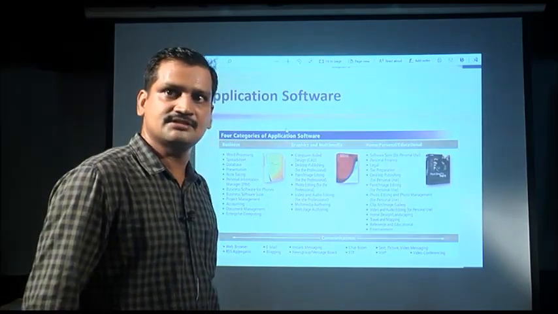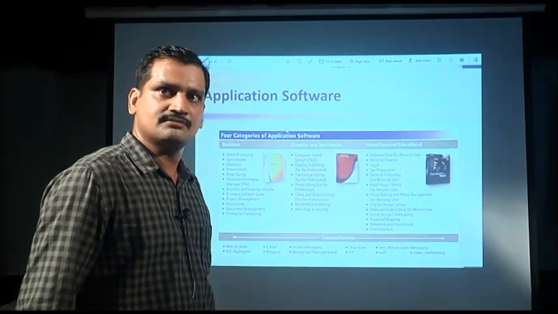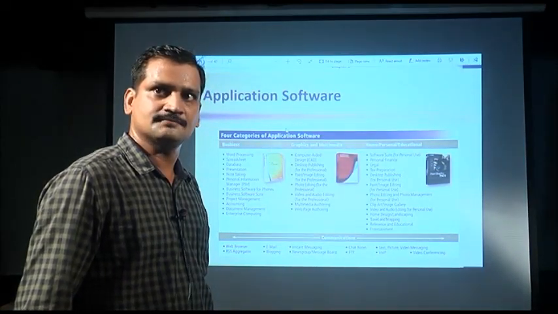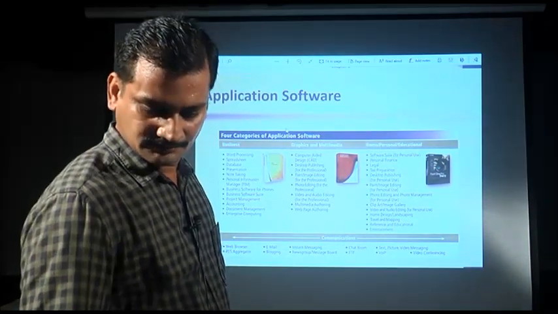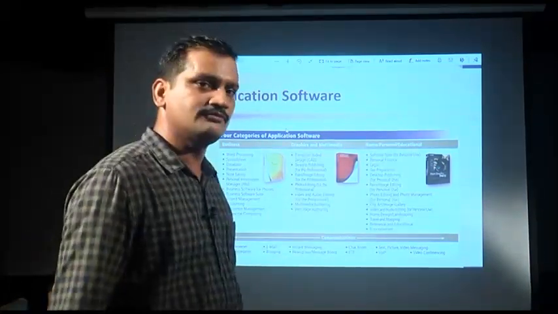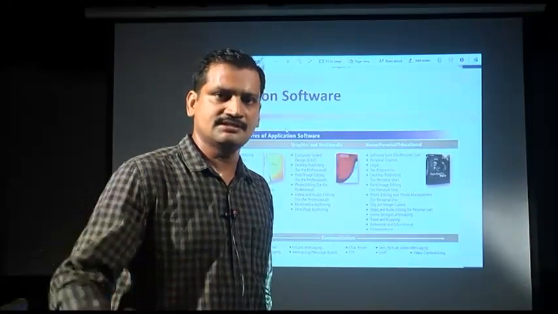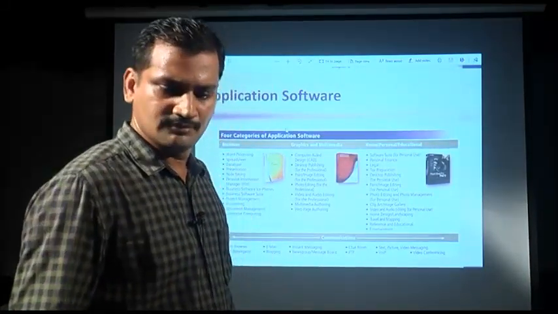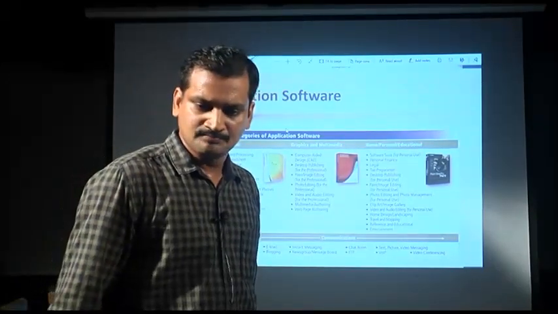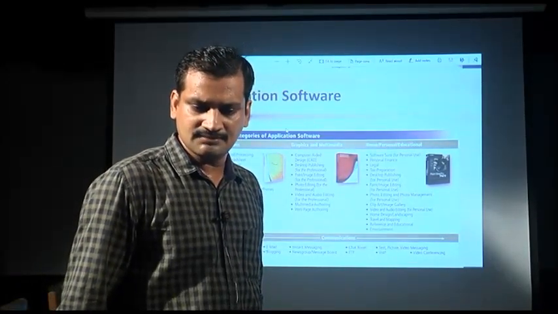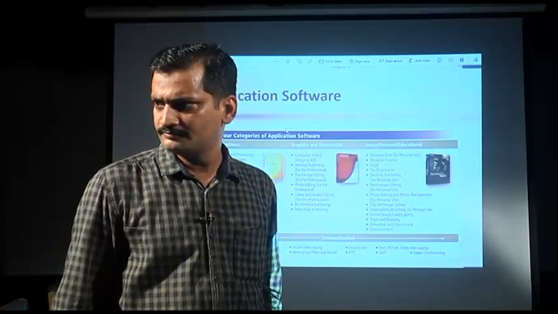These are examples of application software used for communication. We will discuss a few of these in the following slides, from each category: business and multimedia graphics, home, personal, educational, and communication software.